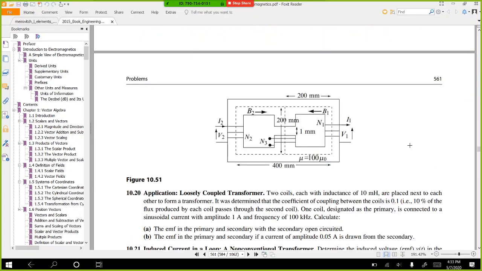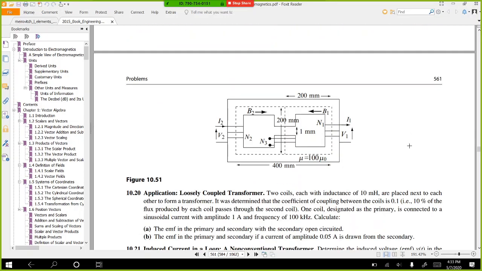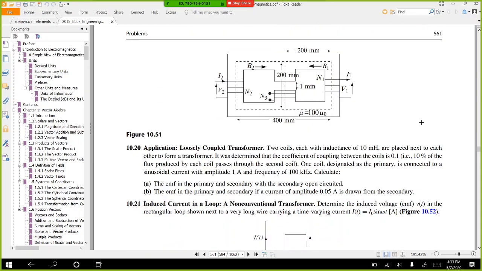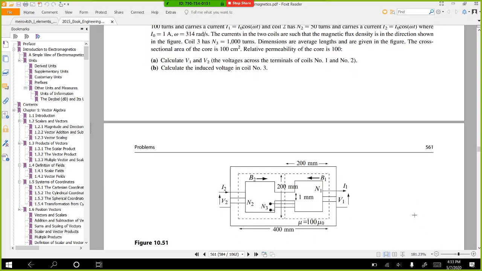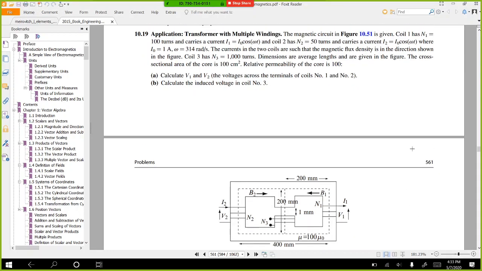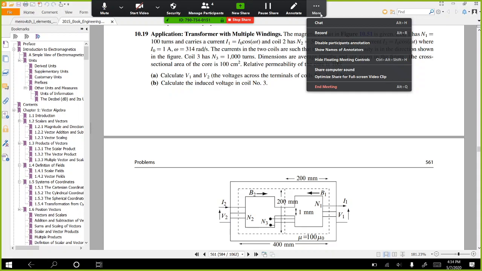Let's see problem number 10.19, or 10.20, doesn't matter. Which one do you want to do?